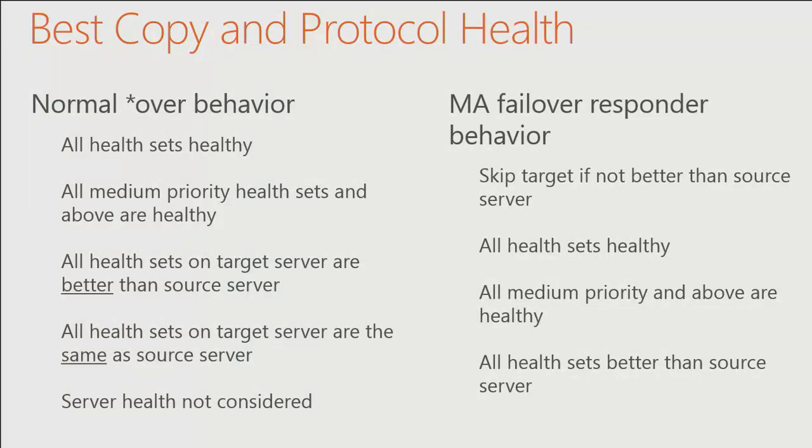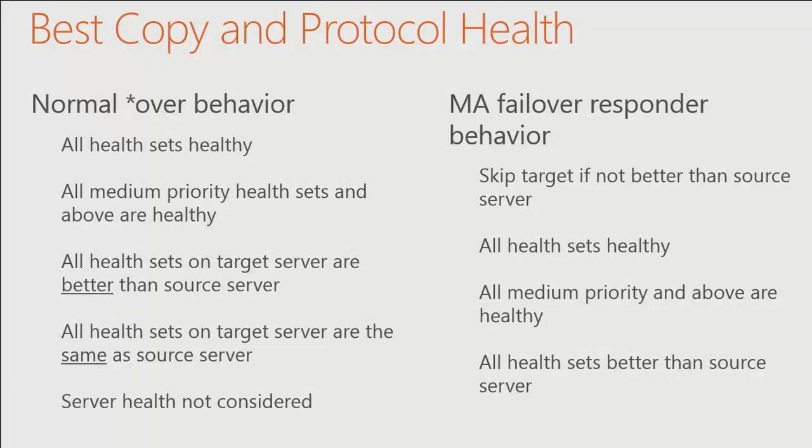And so going through the normal scenario case first, we try to find a copy that has all health sets healthy. And basically, it's not every one that Dimitri put up there. If you dump all the health sets on a mailbox server, it's a long list.